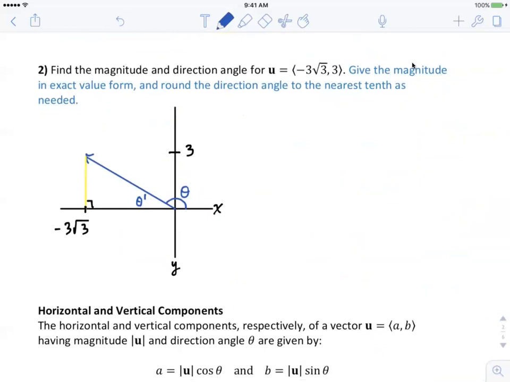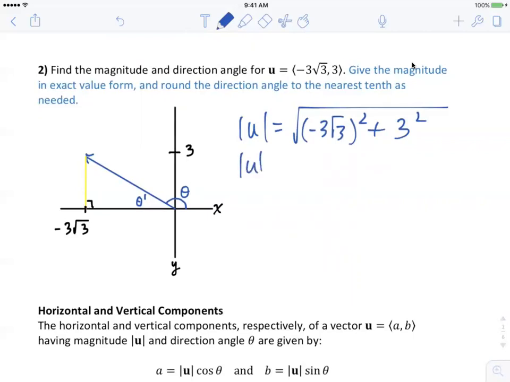Same kind of idea. We got the picture drawn. So let's get the magnitude. Square root of, we got a, which is -3√3 squared plus b squared. Okay, so -3√3 squared: 3 squared is 9, times √3 squared, which is 3.